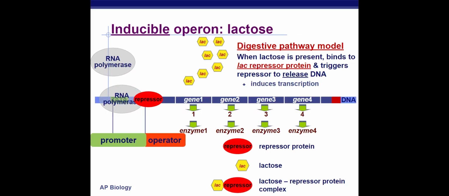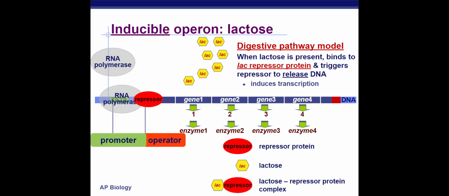On the flip side of that, there are inducible operons. Lactose was our example of an inducible operon, meaning it's typically turned off, but in the presence of something, it can be turned on.